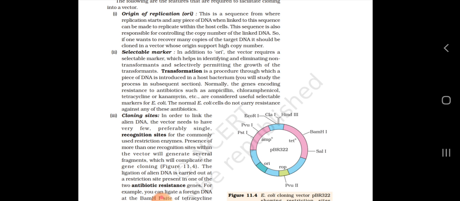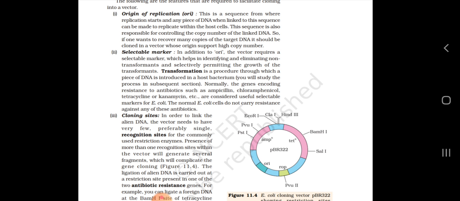So the doctor has to provide the person with an antibiotic other than ampicillin. This is antibiotic resistance, that the cell can grow in the presence of the antibiotic because of the resistance present inside the plasmid. Now, one plasmid can have many antibiotic resistant sites.